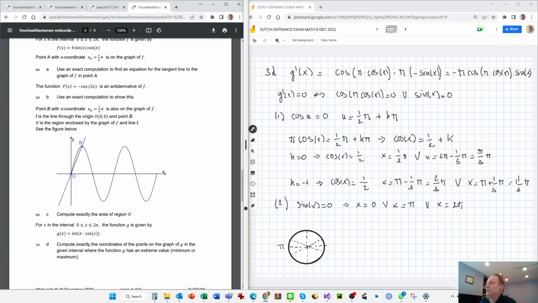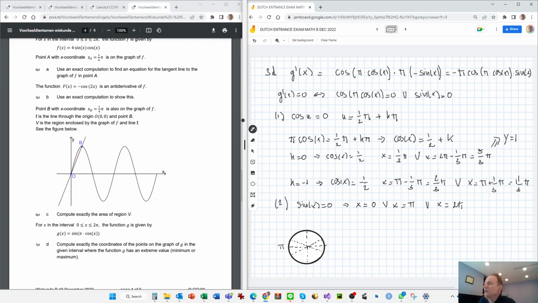So for this, if the cosine of x is 1/2, then the y value is the sine of 1/2 pi, so the y is 1.